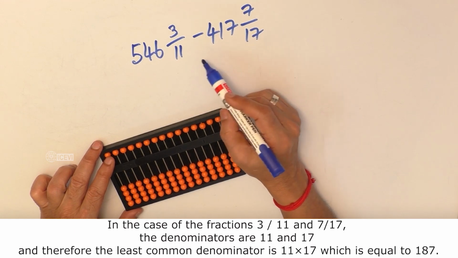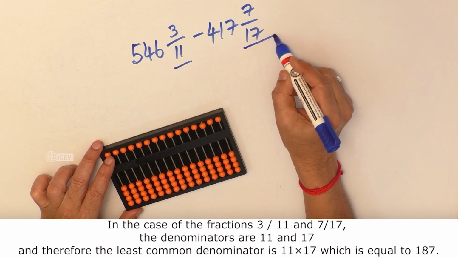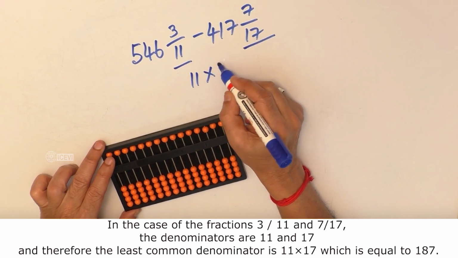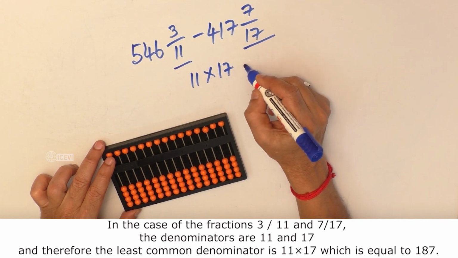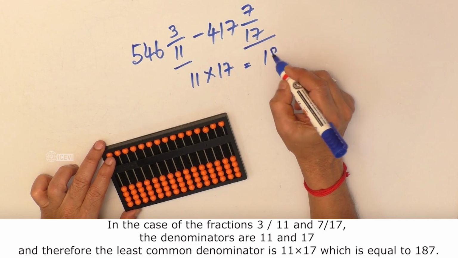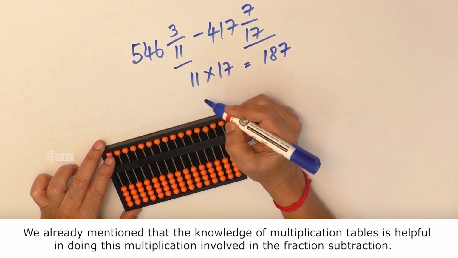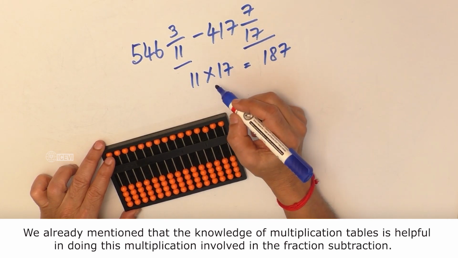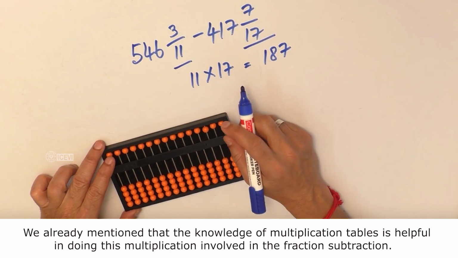In the case of fractions 3 by 11 and 7 by 17, the denominators 11 and 17 are multiplied and the common denominator becomes 187. We already mentioned that the knowledge of multiplication tables is helpful in doing this multiplication involved in the fraction subtraction.